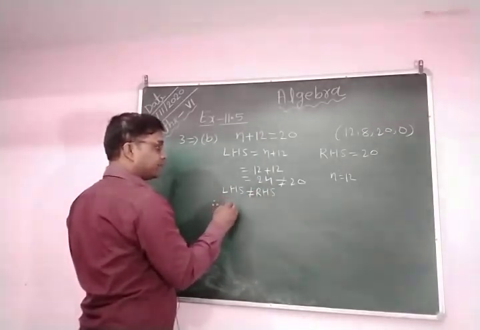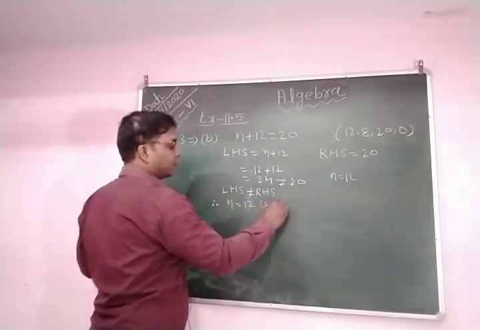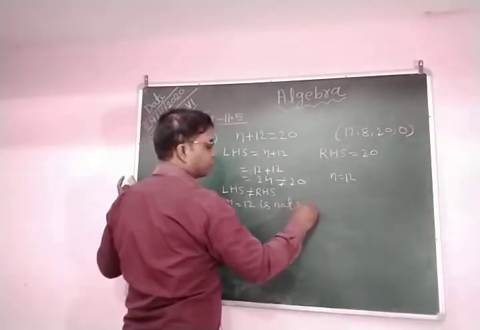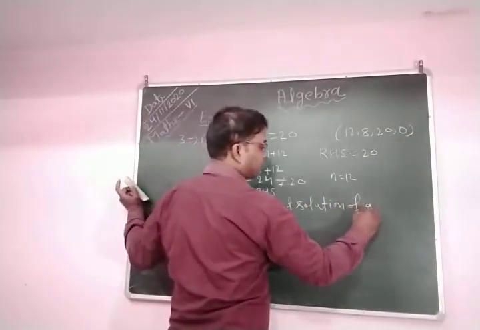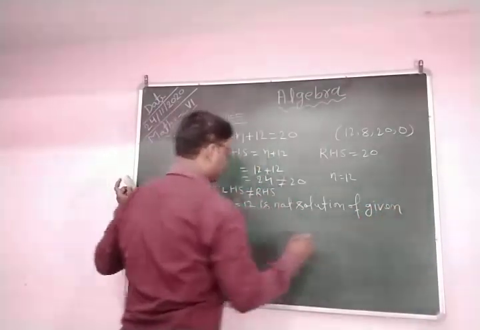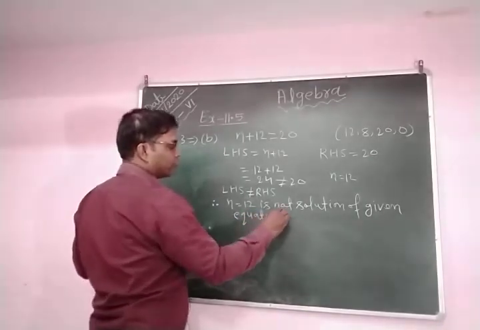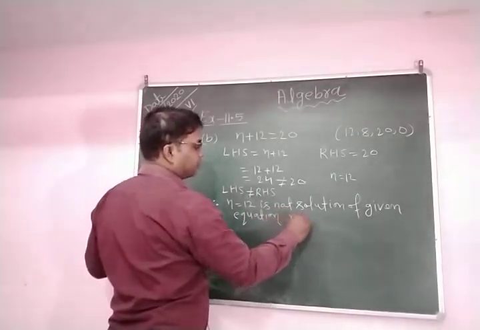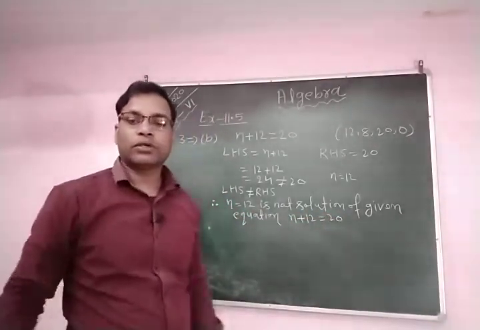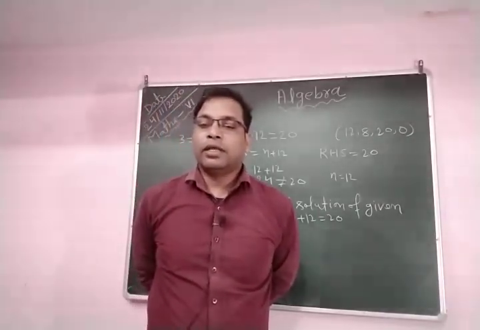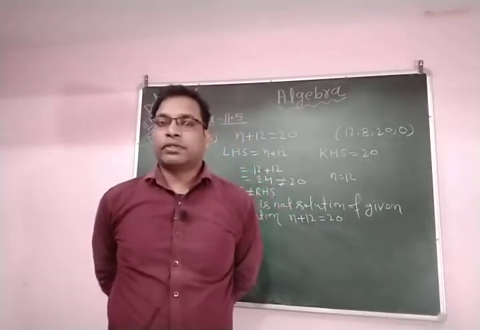Therefore you can write here: n is equal to 12 is not a solution of the given equation n plus 12 is equal to 20. So you can say n is equal to 12 does not satisfy the equation.